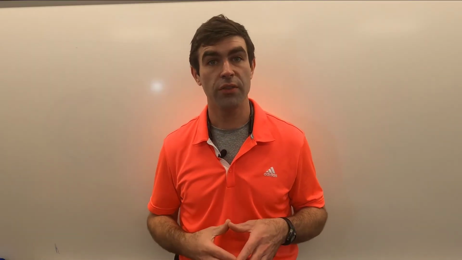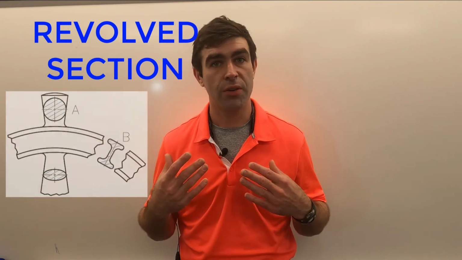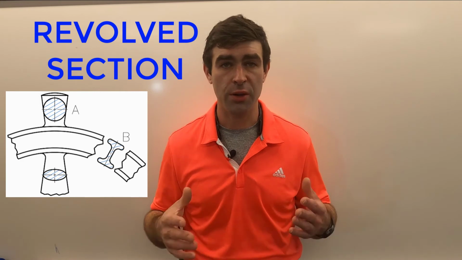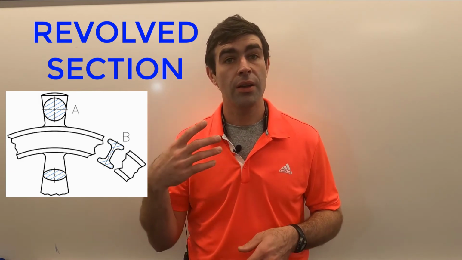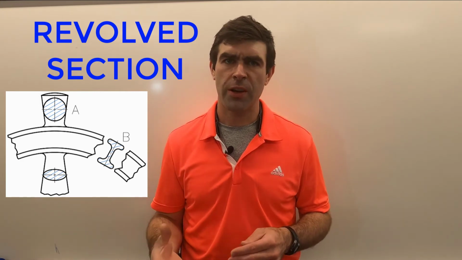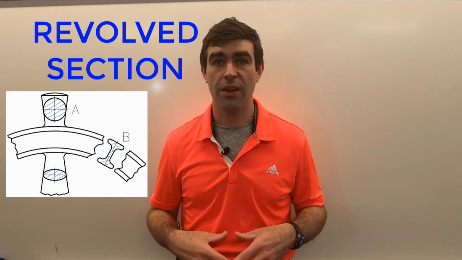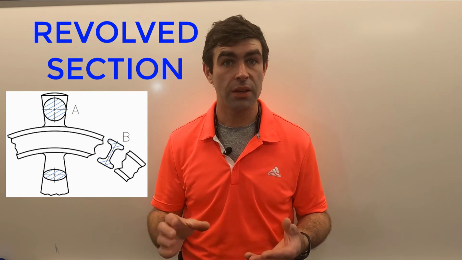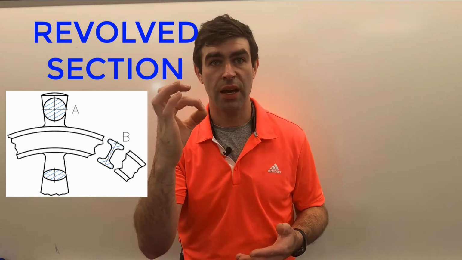The revolved section view is popular for cylindrical objects. It's often used in wheels and spokes. What it does, just like we were talking about before, is eliminate an extra view. So it takes the section of something and shows it right on the object.